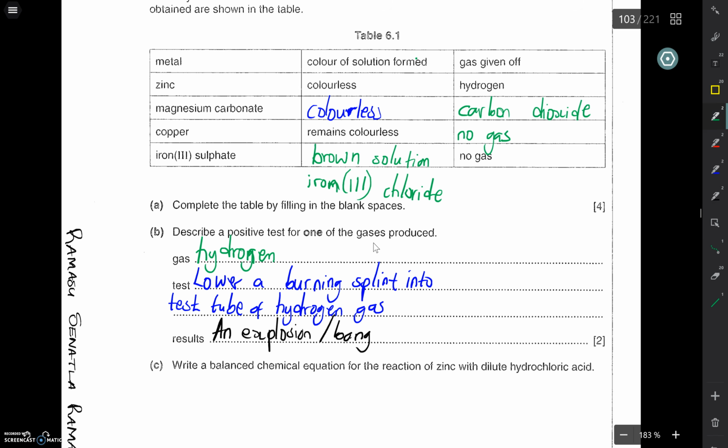We could have also chosen carbon dioxide. The test for carbon dioxide is that you bubble the gas through lime water.